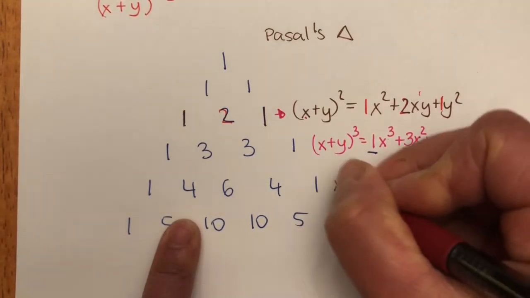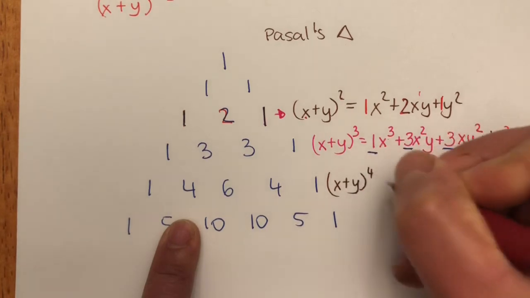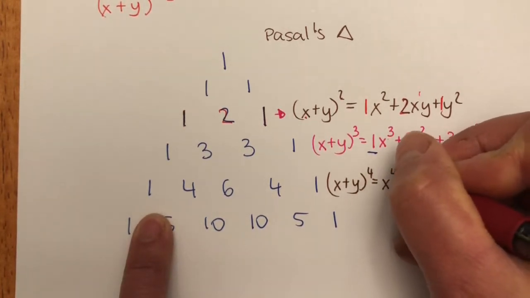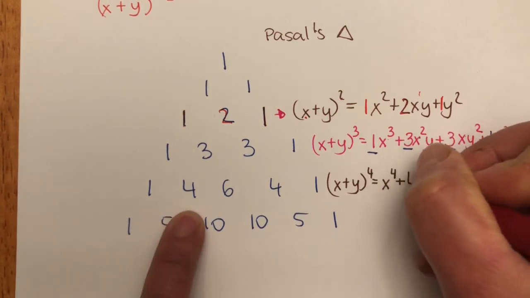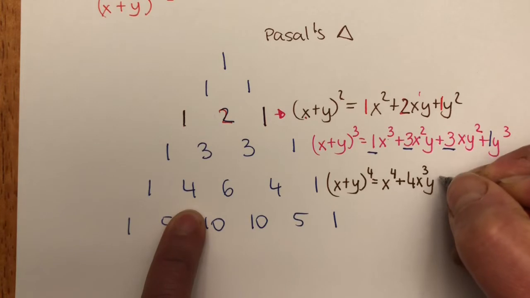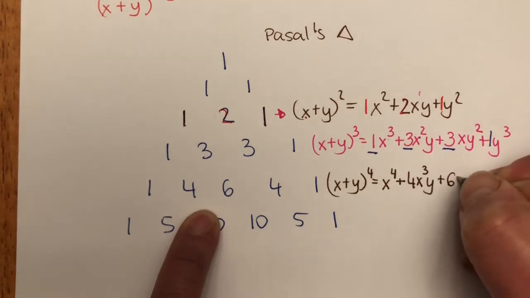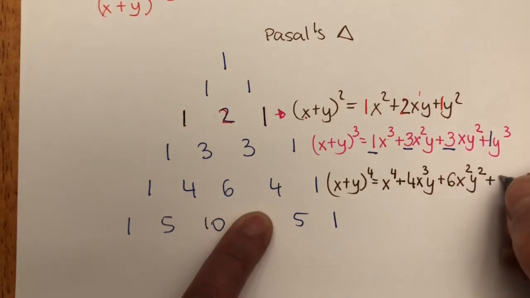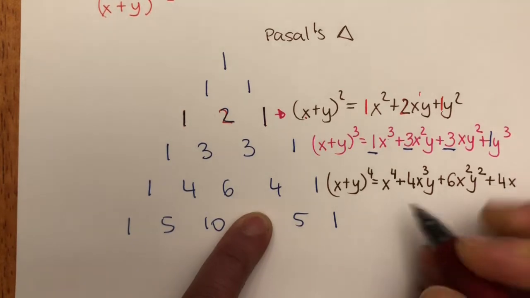Well, knowing this pattern, I can even go a little bit farther. If somebody asks me what is x plus y to the power of 4, I would say, well, x to the power of 4 plus 4x to the power of 3, y to the power of 1, plus 6x to the power of 2, y to the power of 2, plus 4x.